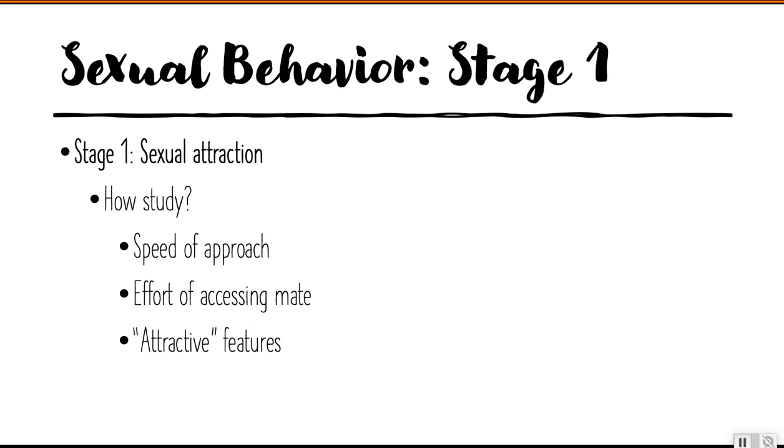We can look at that in both animals and in humans. There are a few different ways that we can study sexual attraction in the lab. We can manipulate the appearance of someone or something in a few different ways.